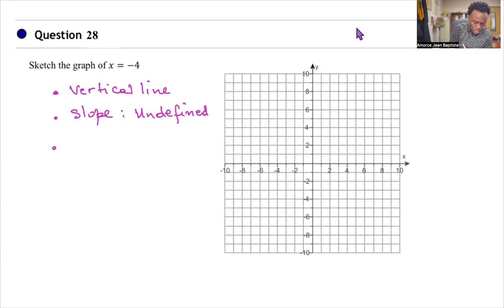It's a vertical line, the slope is undefined. And then we can sketch this. It passes through x equals negative 4. So that's it for number 28.